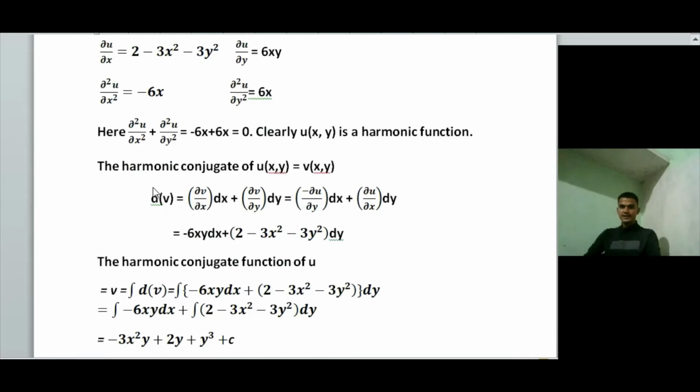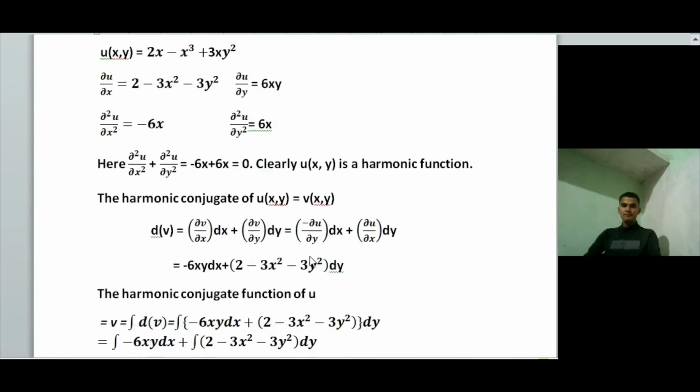So if you integrate, then we'll place it. You can see del u by del y is 6xy. Here the minus sign is there, so minus 6xy dx. And this is del u by del x.